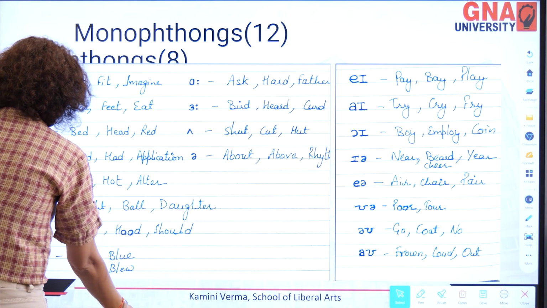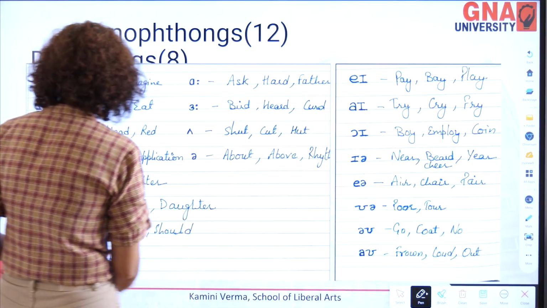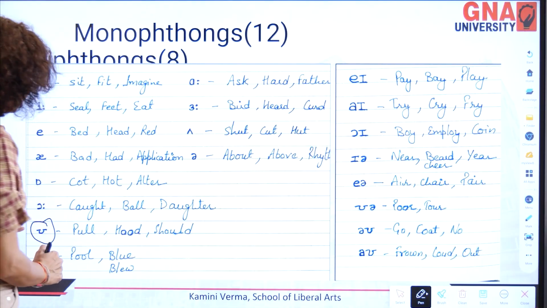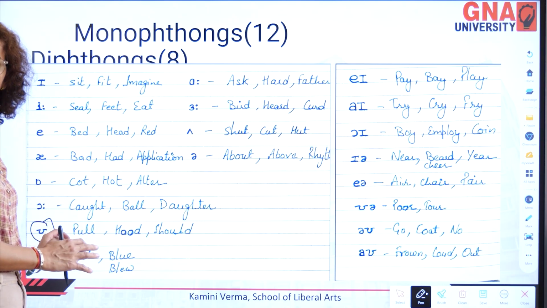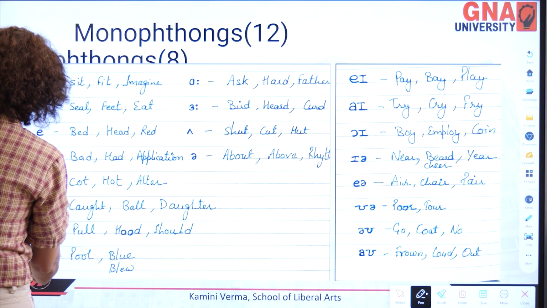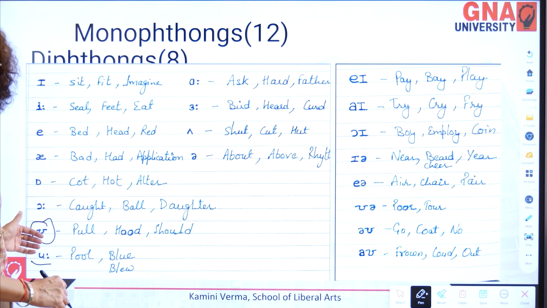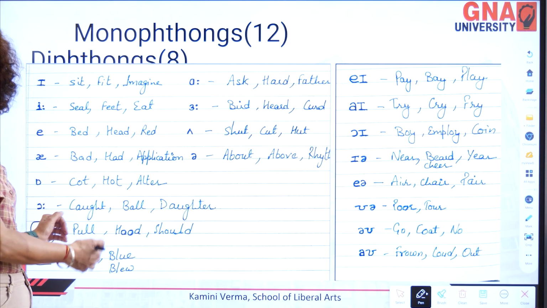Moving ahead with the next one, we have this O sound with us. Whenever we are using this O sound, one is unstressed and the next one is stressed. As I have one circled and the second underlined.